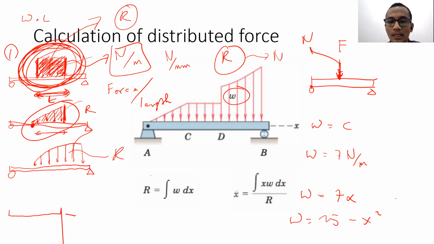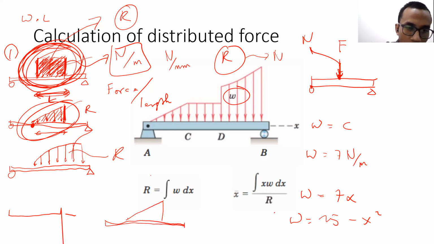The W will be in an equation, yes, but sometimes the equation is not given. For example, if you have a linear distribution like that, sometimes the given value is just, okay, at this particular point, the W is equal to 10 Newton per meter.